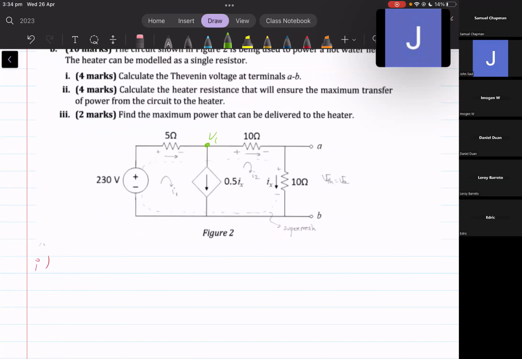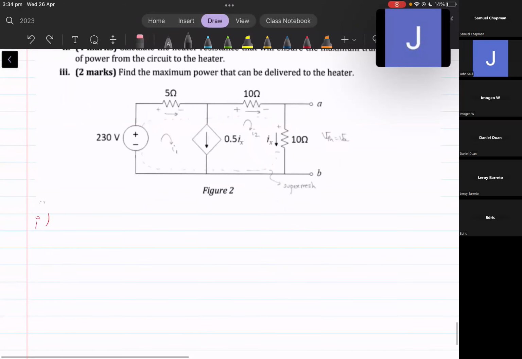There'd be node 1 and node 2. Or if we did it with mesh, we'd have I1 and I2 there. But it's probably easier with mesh because we have this nice source right here that's going to let us make one big super mesh.